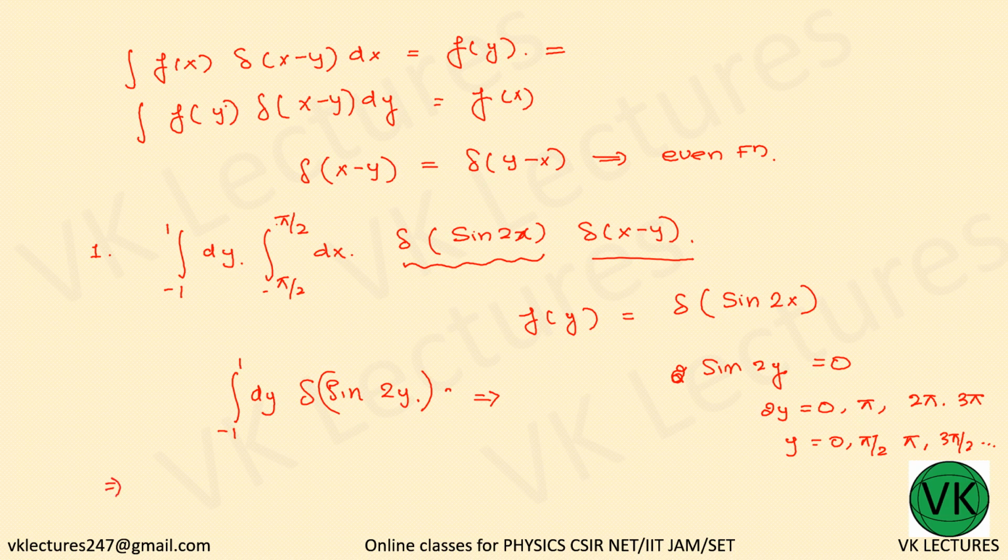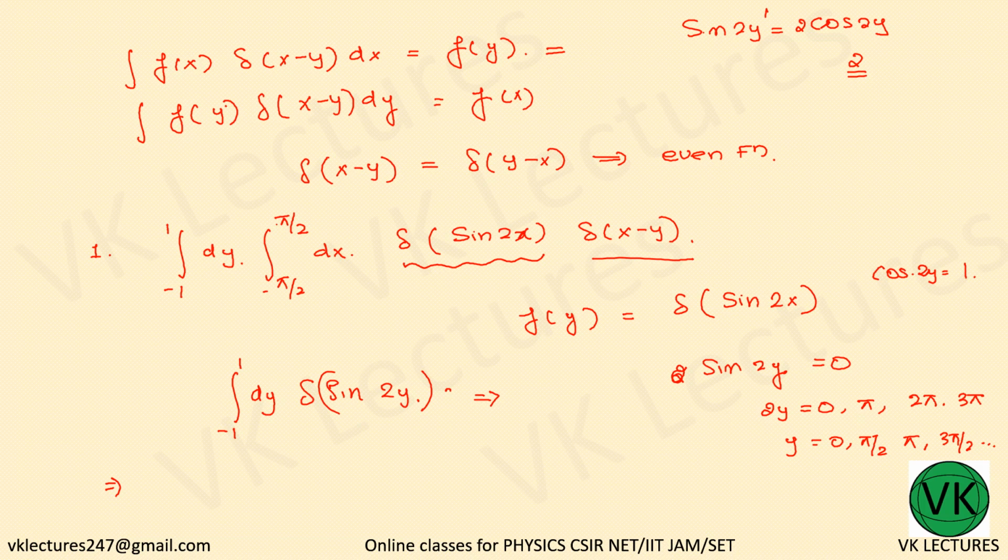Now the derivative of sine 2y is cos 2y into 2, at y equal to 0, so that will be equal to 2.